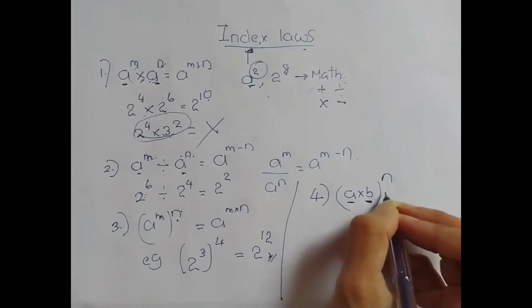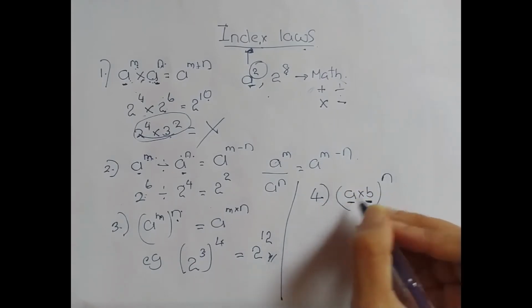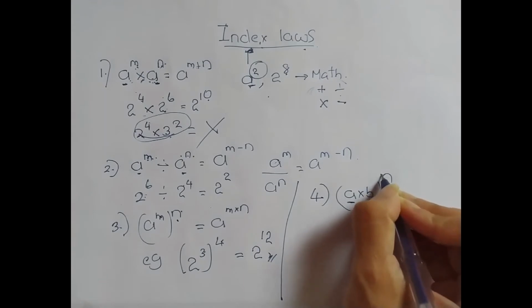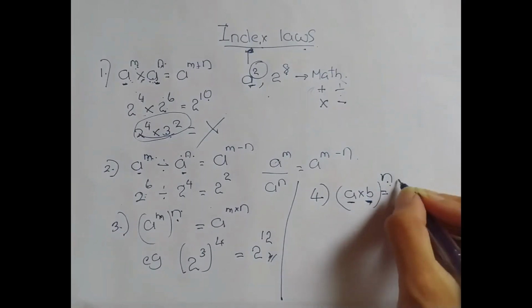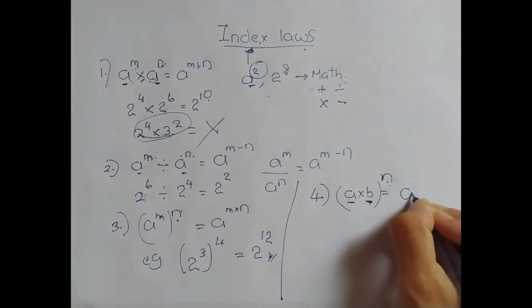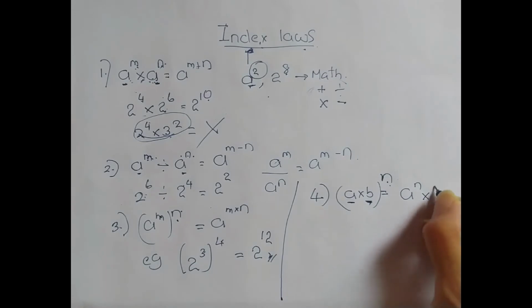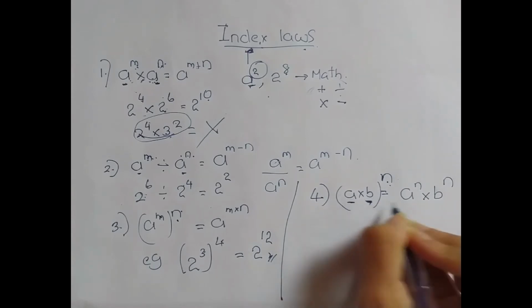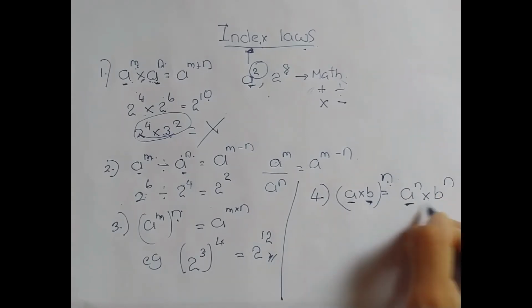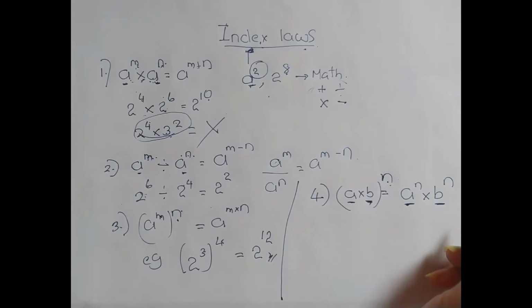But it is inside the bracket and there is a power like this. So this will be equal to a to the power n multiplied by b to the power n. This power is for both of these bases.